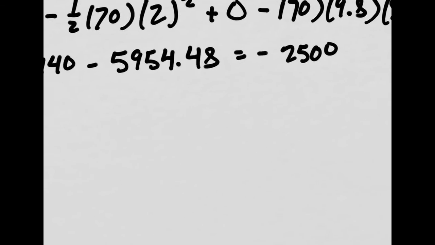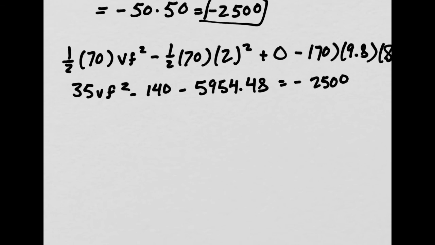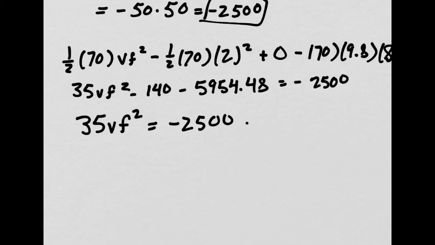So let's zoom out. 35 VF squared equals minus 2,500 plus 5954.48 plus 140. So plus 140 minus 2,500.